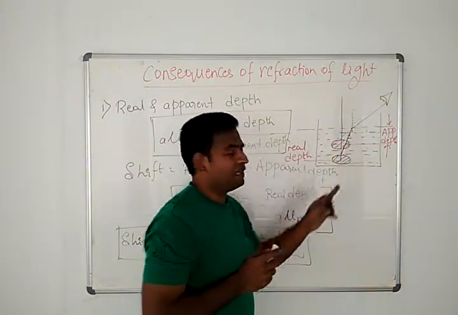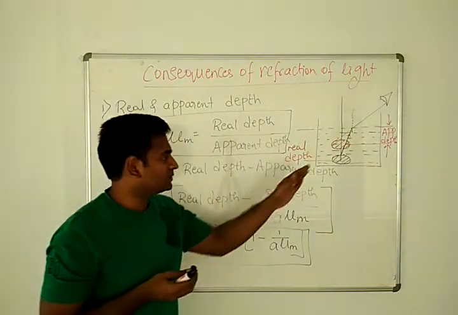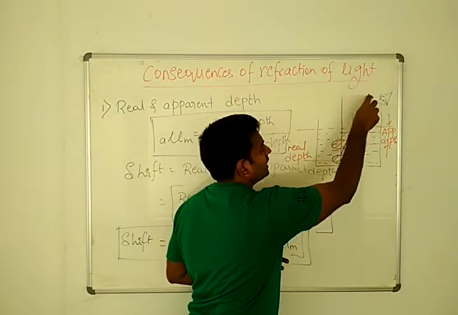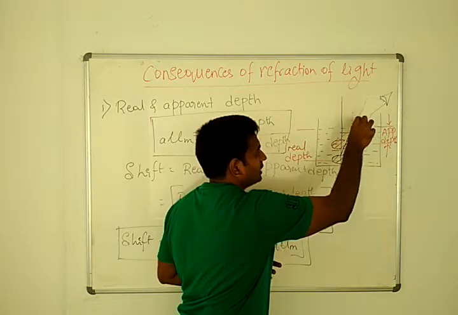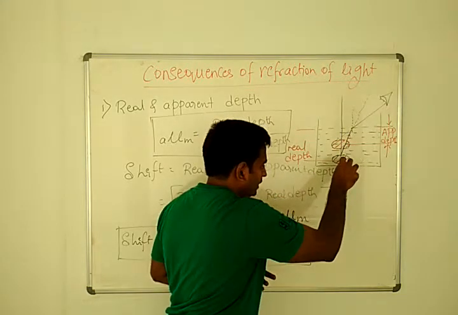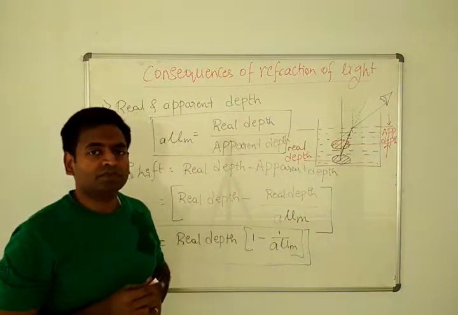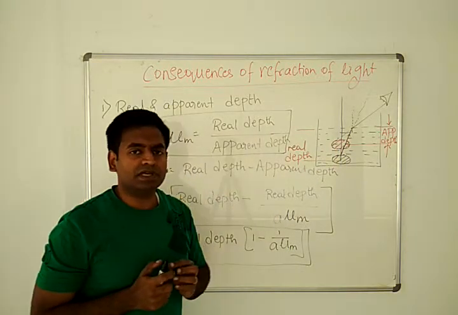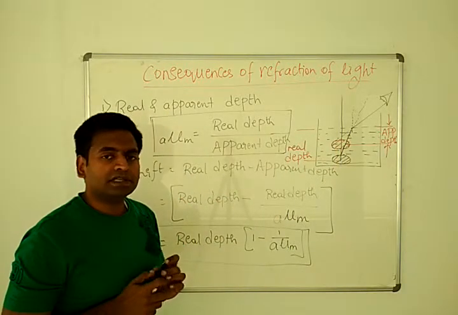So the reason why it appears to be raised is because of the bending. If there was no bending, then the light would have traveled straight this way, and even when we projected it, it would have been observed only at this position. So the apparent rise is because of the bending of the light, or the refraction of light.